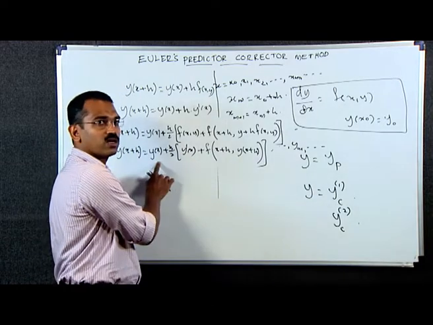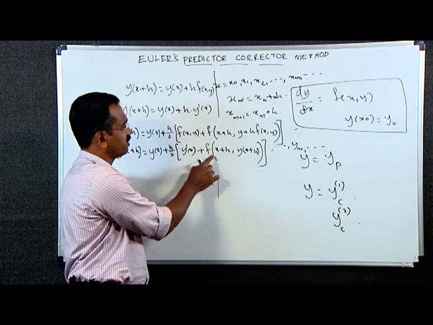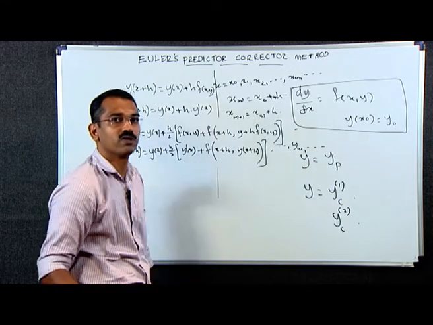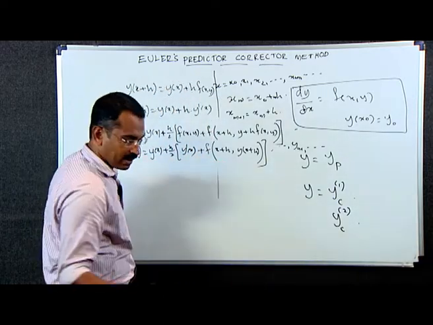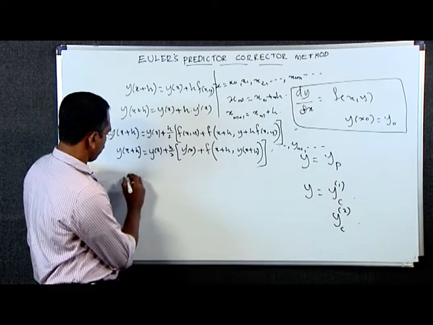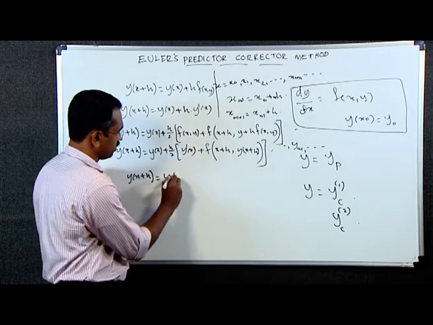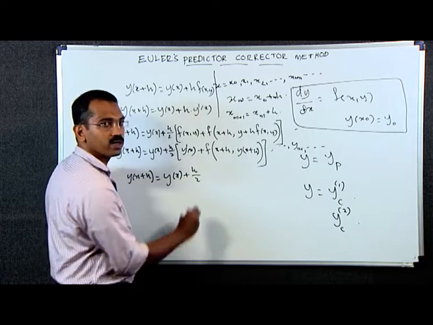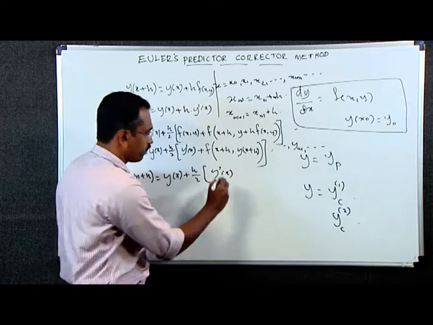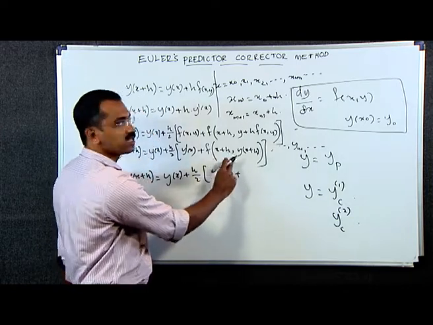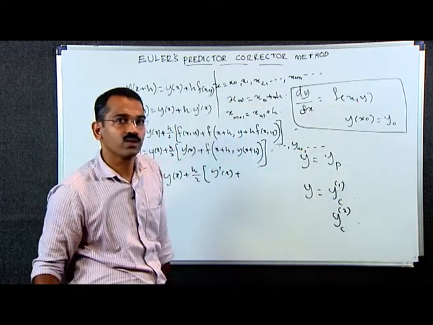y of x plus h is equal to y of x plus h by 2 into y dash of x plus f of x plus h comma y of x plus h. Therefore, we can write y of x plus h as y of x plus h by 2 into y dash of x plus y dash of x plus h, because y dash of x is f of x comma y.